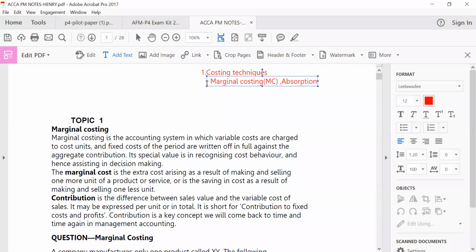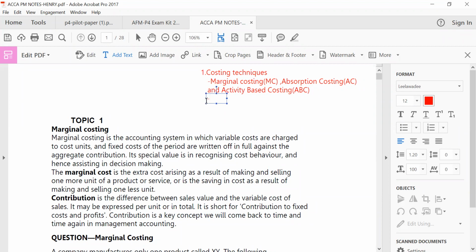I give it the name AC, and activity-based costing. I give it the name ABC, right? So this is the first costing technique.